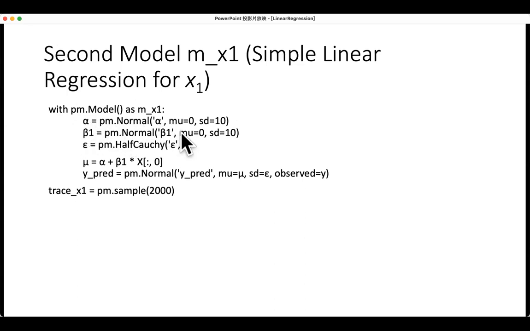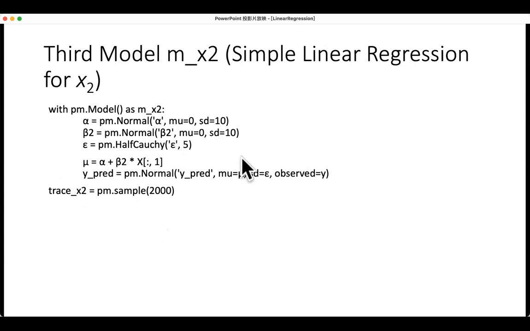The alpha and the beta 1 are exactly the same, and epsilon, yeah, they are the same. And then mu equals alpha plus beta 1 times the first x. And then we try to fit this simple linear line, and again generate 2,000 samples.